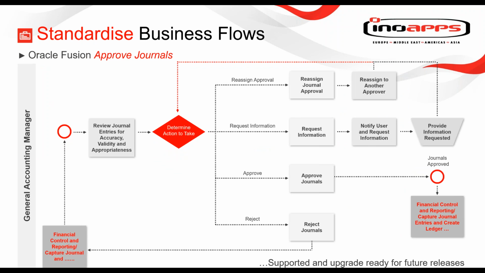I mentioned the ability to take standard processes. So here's an example of a standard business process. These are embedded all the way through the applications and at different levels, from screen level mapping through to process level mapping. And again, quite happy to share these with you at any time. If we're starting from scratch, we'll use these as the basis for the design workshops.